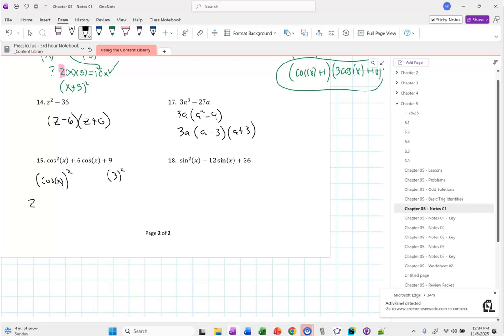So you just want to check to see if 2 times the first times the last, does that equal the middle? It does. So we can go straight to the square and be done.